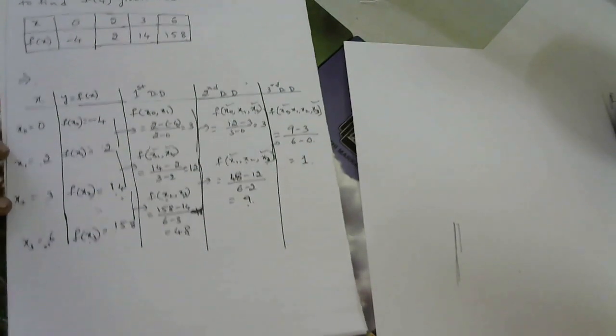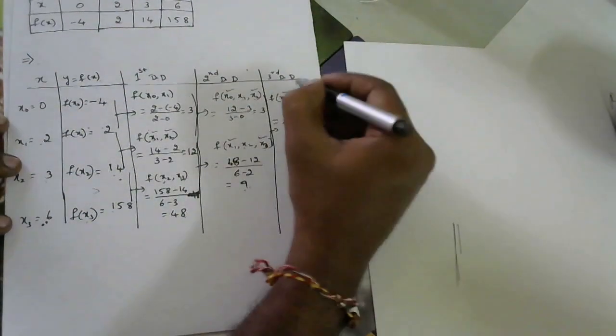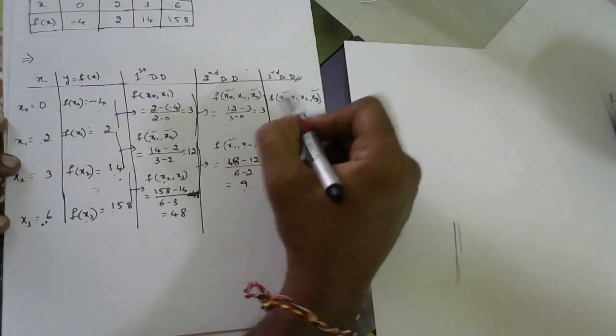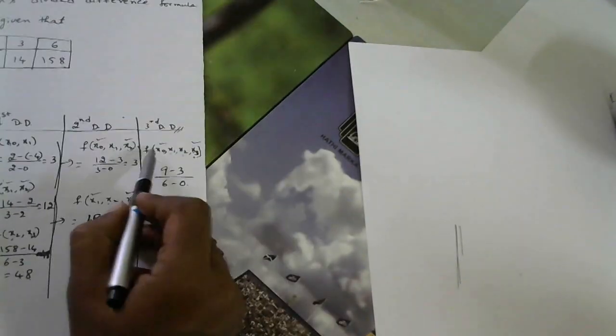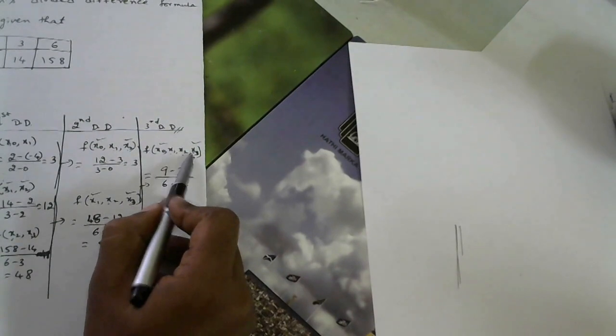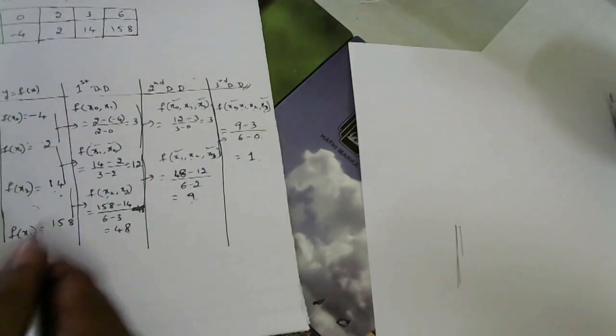Now write the formula, up to f of x0, x1, x2, x3.